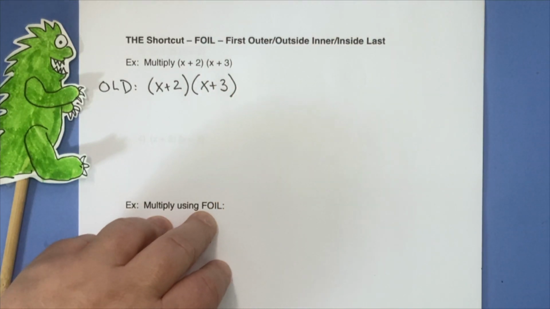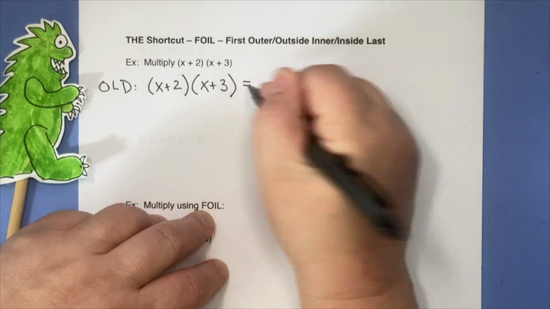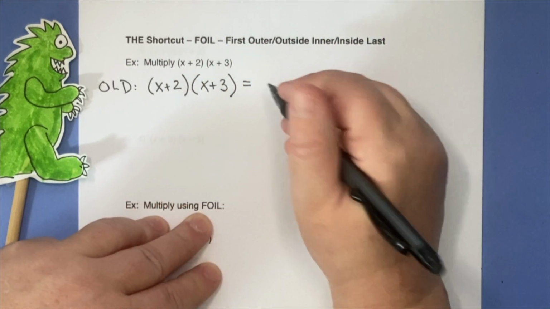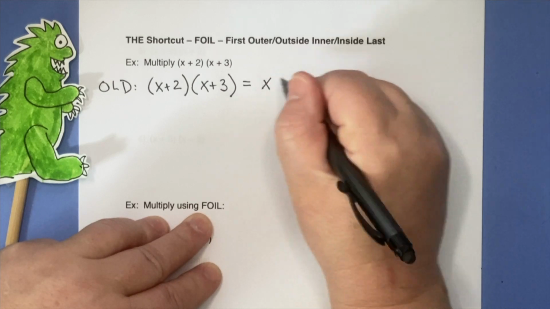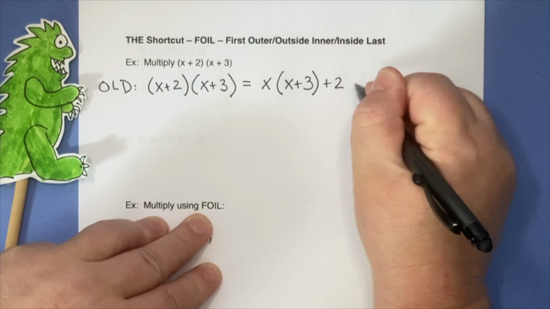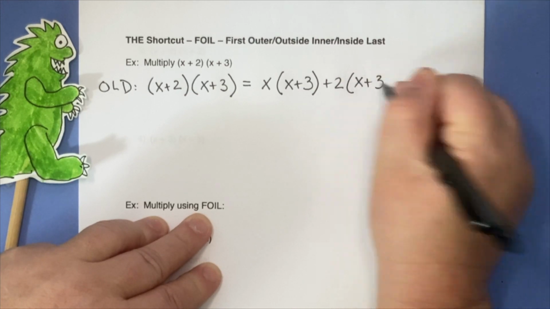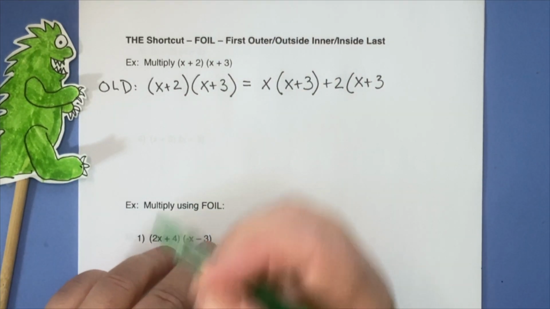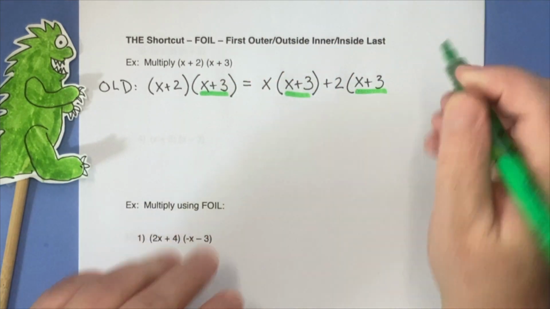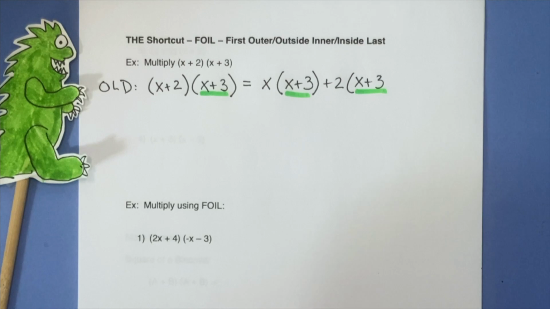Okay, so if we use the old method, you'll recall that in the previous video I said split up the first one. So I'm going to split up x times x plus 3 plus 2 times x plus 3. So this is the second binomial right there. Forgot that parenthesis.